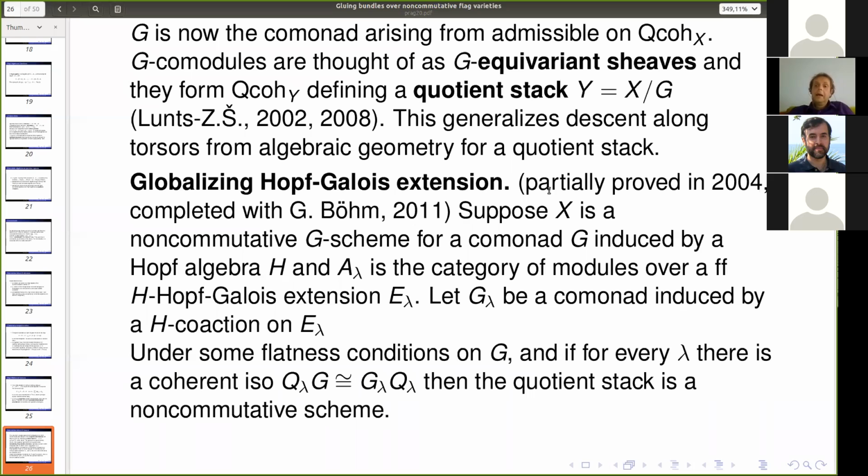Then if you look at the global quotient, and you look at each of these quotients, then all these quotients glue again into this global quotient, and this gluing is again making the structure of a non-commutative scheme. This requires a lot of yoga of adjoint functors, etc. But it basically tells you that if you have a principality in this very general sense, if you have a principal bundle, and you have a total non-commutative scheme, then only a local property guarantees that you reconstruct the base, which is also a non-commutative scheme.